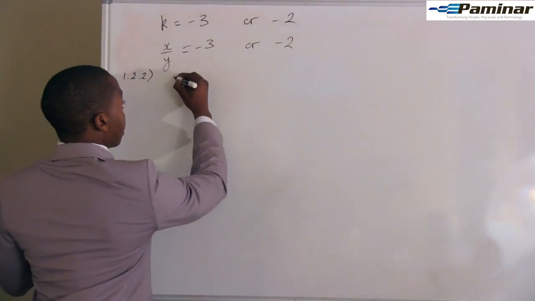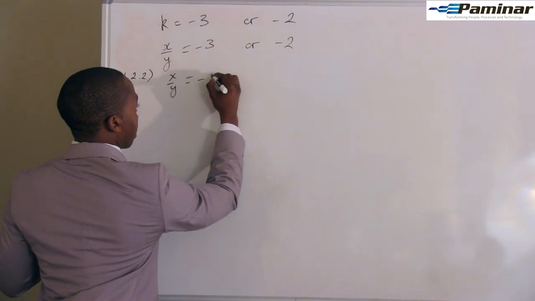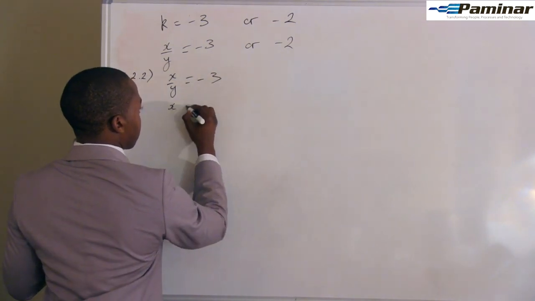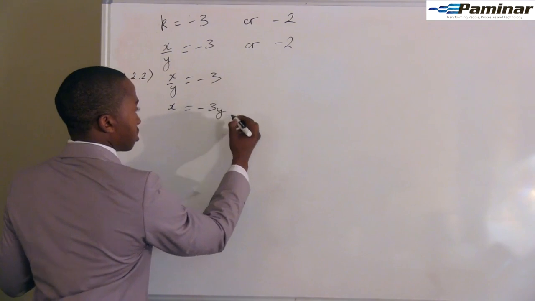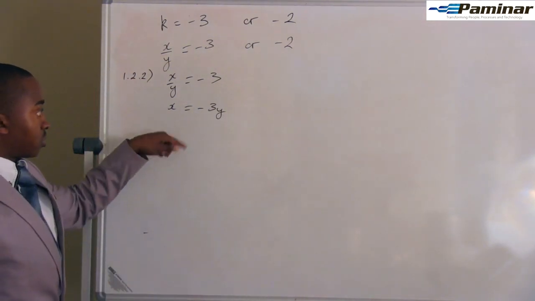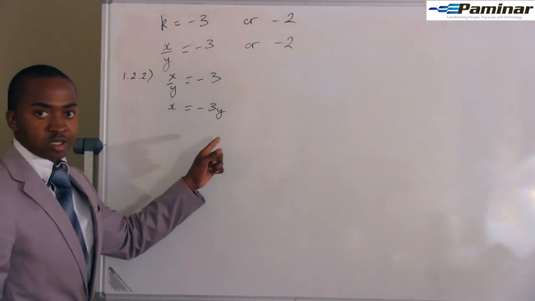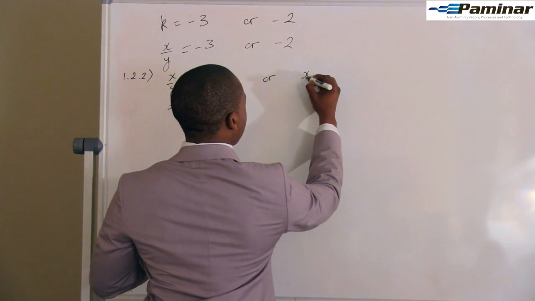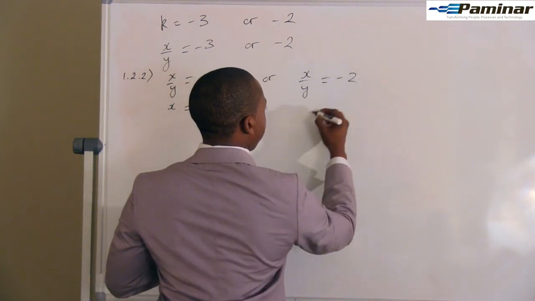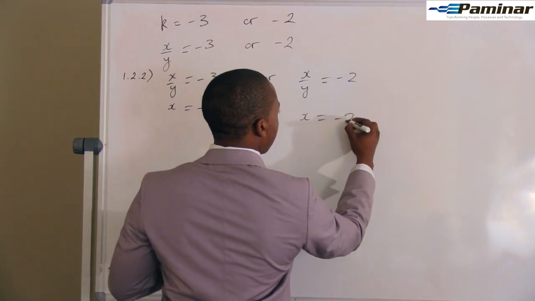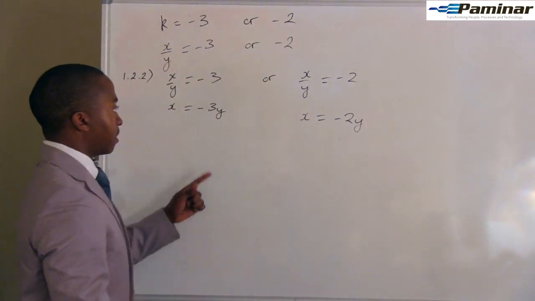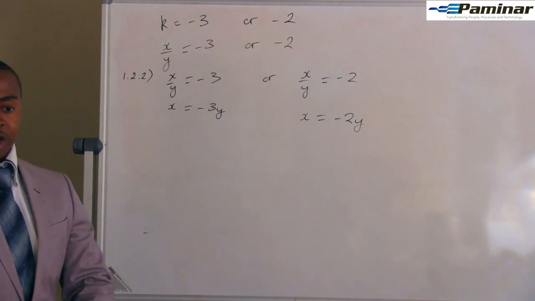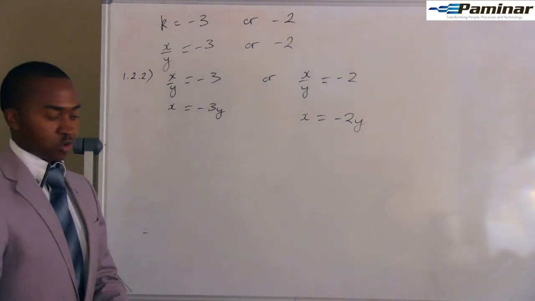So we got x over y is equal to negative 3, which is the same as x is equal to minus 3y. In other words, I'm just trying to get what x is in terms of y. Or we got x over y is equal to negative 2, which is x is equal to negative 2y. Why am I doing that? Because I'm trying to calculate the actual values of x and y.